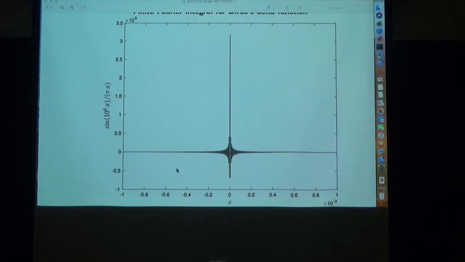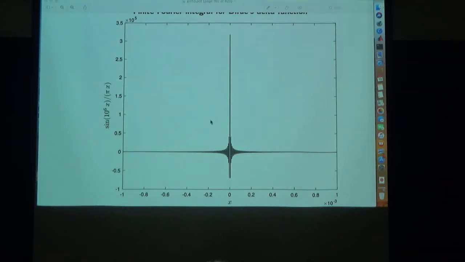We're going from minus 10 to the minus 3 to 10 to the minus 3 on the x-axis, and from minus 1 to 3.5 times 10 to the 5th on the y-axis. And even with this crazy stretching of axes by 10 to the 8th, the delta function, which is not the exact delta function, but this approximate representation, is this incredible spike.